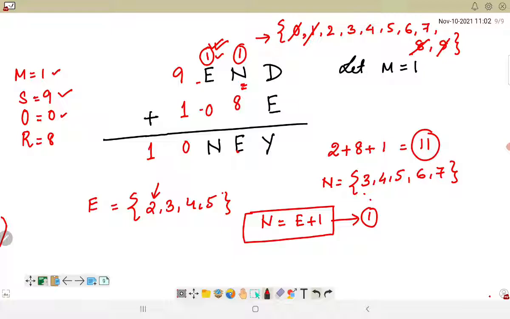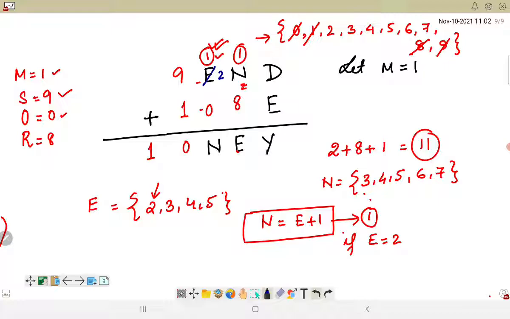Now if I am considering the first condition, e is equal to 2, let us place e is equal to 2 here.